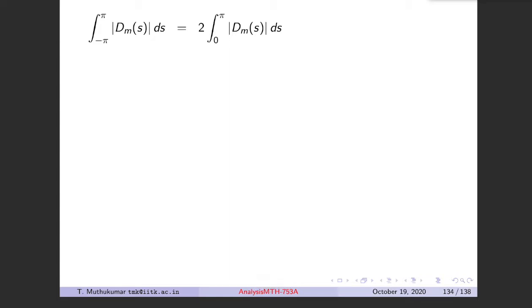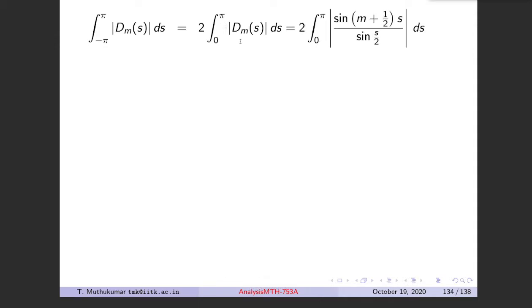So you start with this integral. We have already given you an exercise that D_m is an even function. Because it's an even function, this integral becomes 2 times the integral over 0 to pi, because in an even function you can write it as 2 times one part.